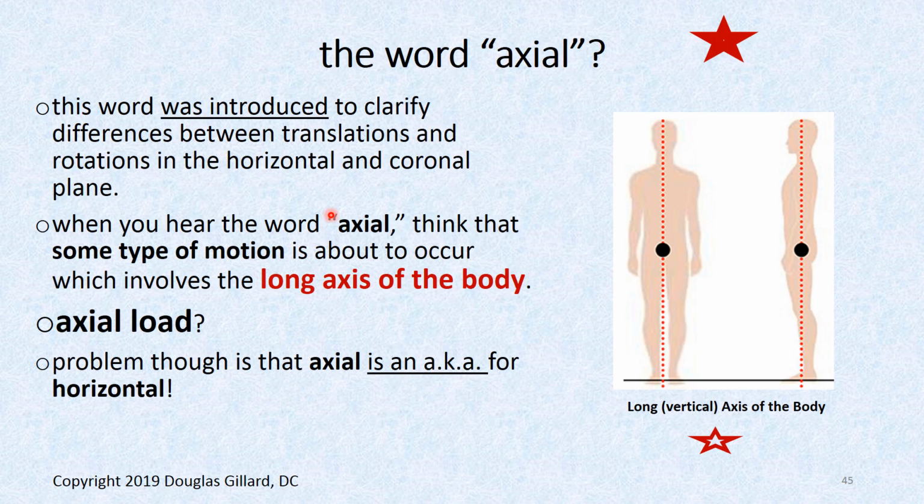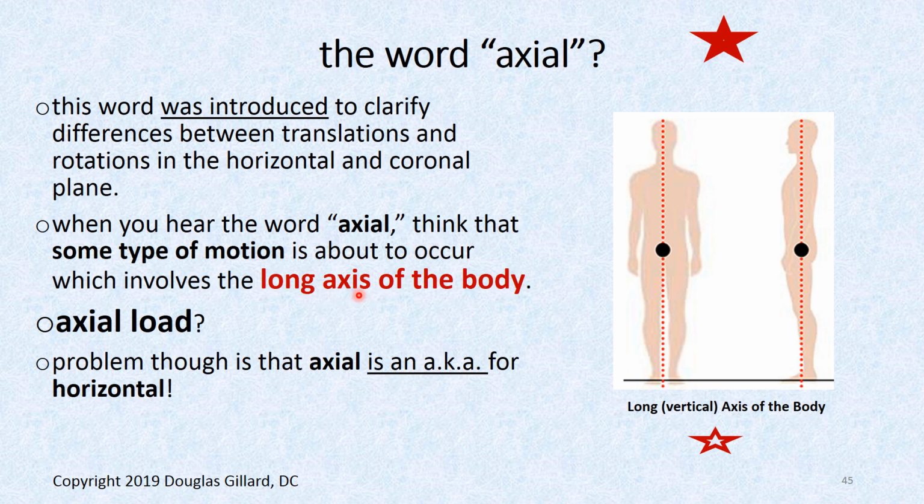Pretty good with that? Okay, now biomechanics introduced a word called axial. So this word was introduced to clarify some differences between translations and rotations in the horizontal and coronal plane. When you hear the word axial, think of some type of movement that occurs along the long axis or the y-axis of the body.